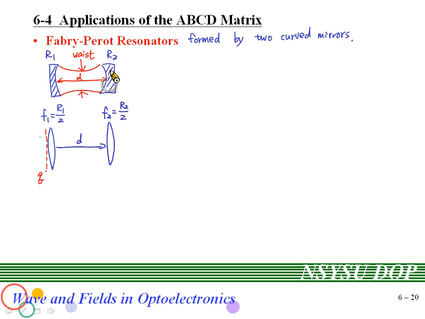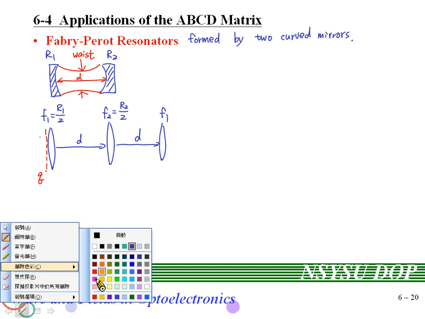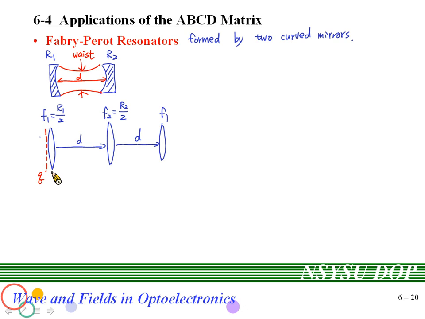After hitting mirror 2, the Gaussian beam will go backward another distance d, then hit mirror 1 again. The whole process can be considered as the first step, second step, third step, and the fourth step.